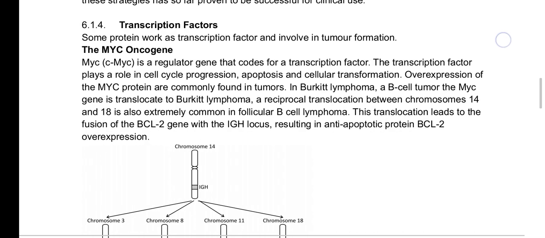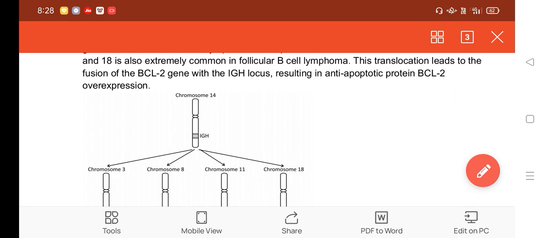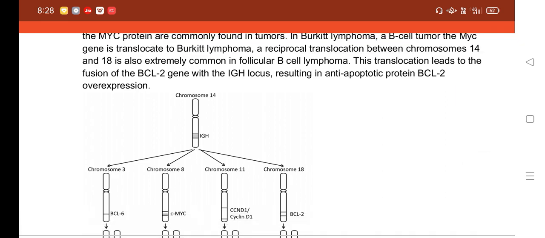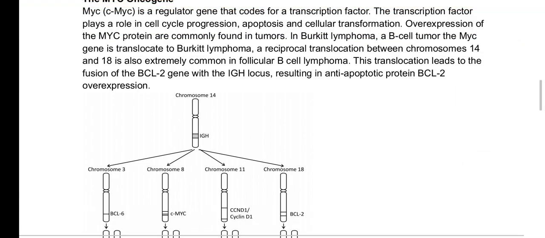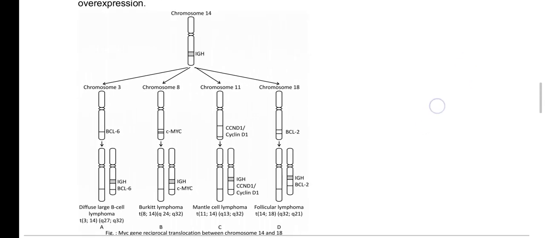Overexpression of the MYC protein is commonly found in tumors. In Burkitt lymphoma, a B cell tumor, the MYC gene is translocated. A reciprocal translocation between chromosome 14 and 18 is also extremely common in follicular B cell lymphoma. This translocation leads to the fusion of the BCL2 gene with the IgH locus, resulting in anti-apoptotic protein BCL2 overexpression.